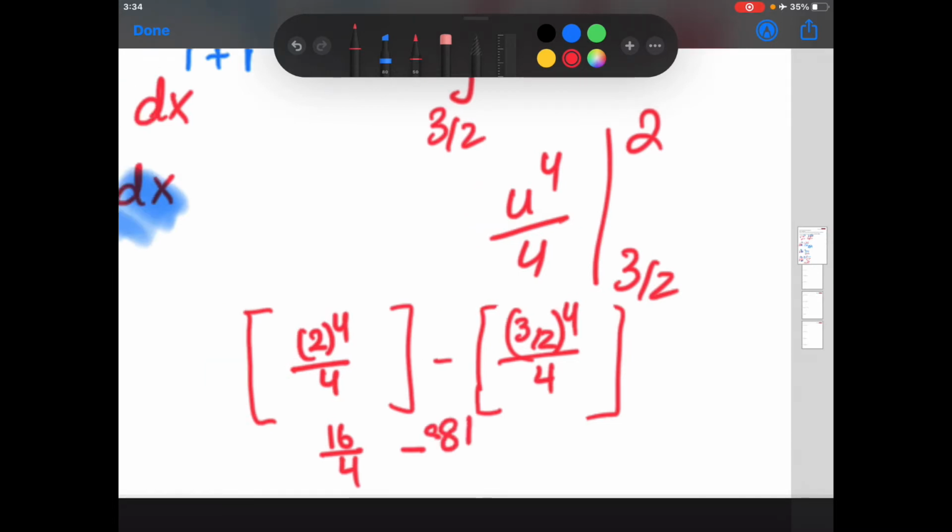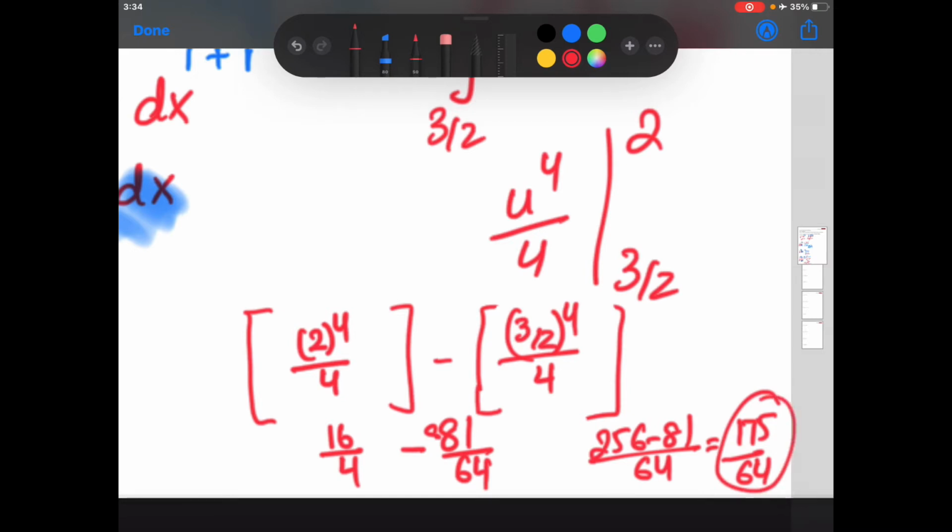So 81 over 64, right? And if I do the math, I can just simplify it. 16 is 256 over 64 minus 81 over 64, which would be 175 over 64, right?